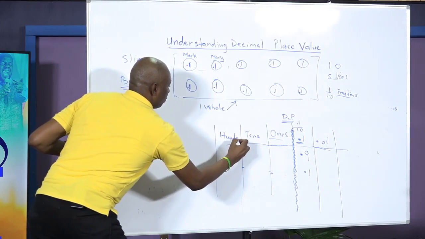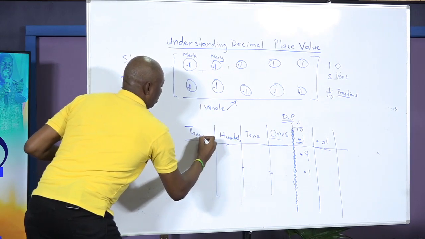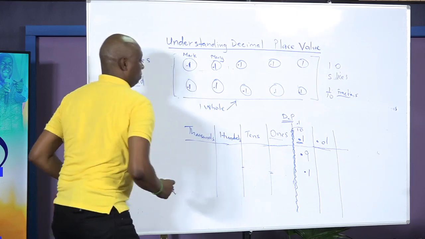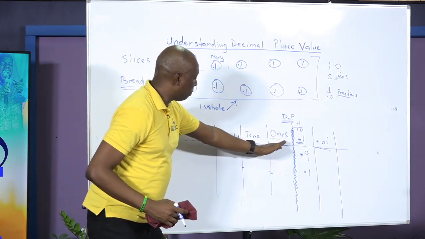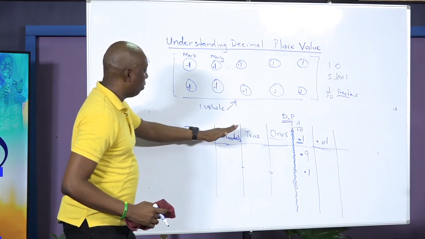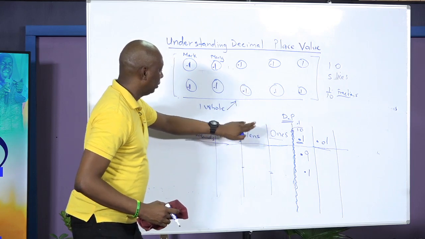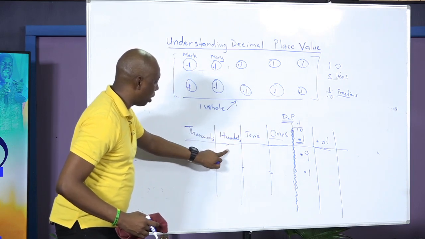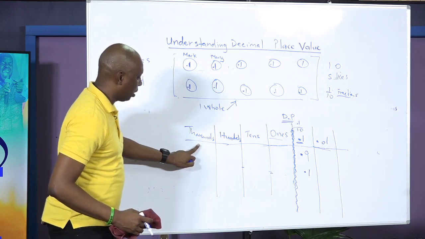Our hundreds. And we put our 1,000. I'll just use these two for now. Going to the left, our system goes up a higher value. We go by 10. 10 ones gives us 10. 10 tens gives us 100. 10 hundreds give us 1,000.